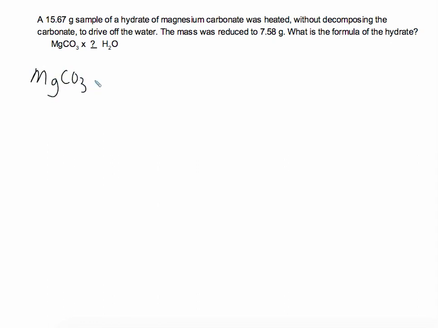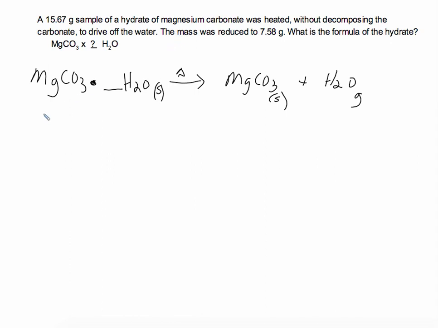Okay, so same type of problem. We're taking magnesium carbonate dot blank H2O. We don't know what the formula is. It's a solid. So we heat it up and it breaks into magnesium carbonate and water. This would be a solid, this would be a gas. All right, so they're telling us that we have this whole big thing here is 15.67 grams.